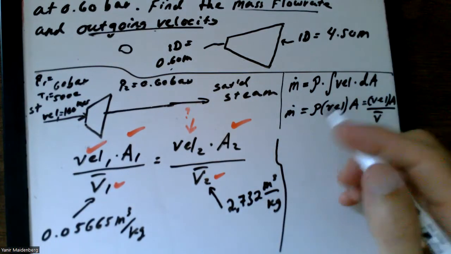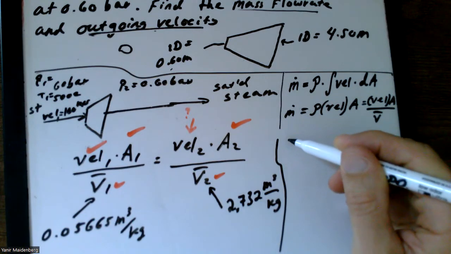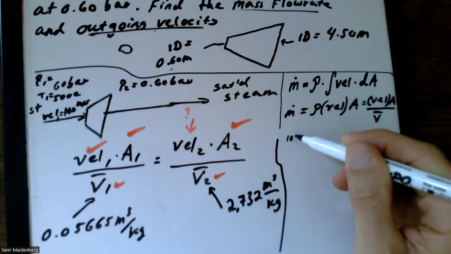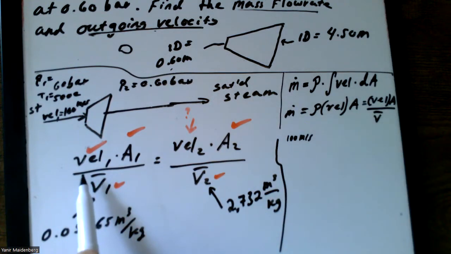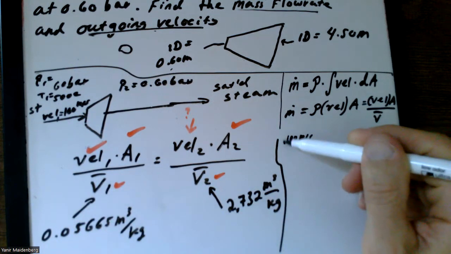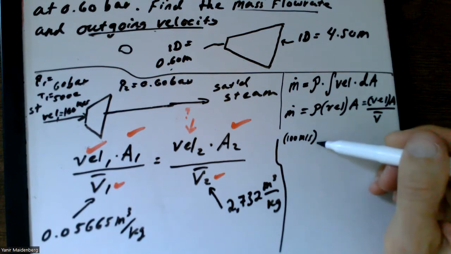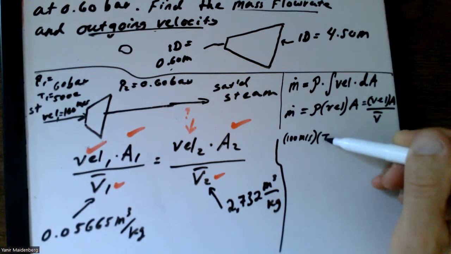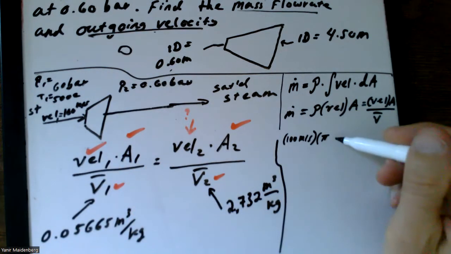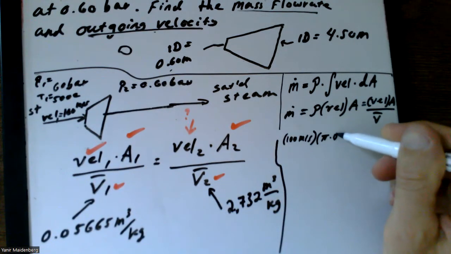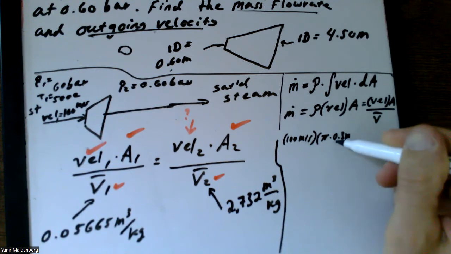So I know that I have 100 meters per second. That's velocity 1 coming in. And I know that my area is pi r squared. I know the diameter here is 0.6. So it's pi times 0.3 meters squared.